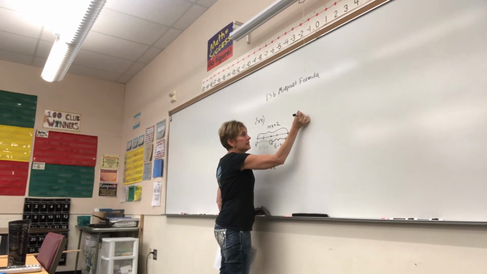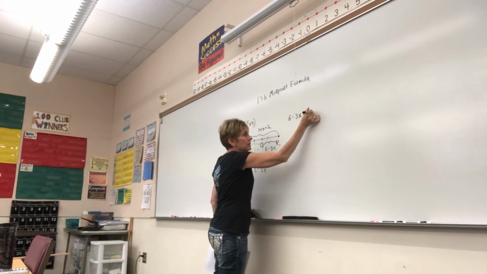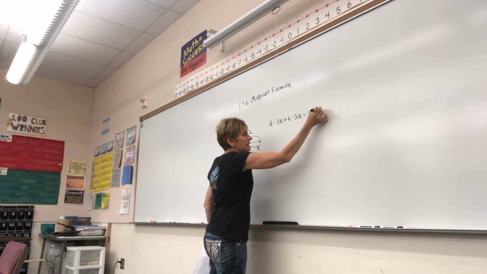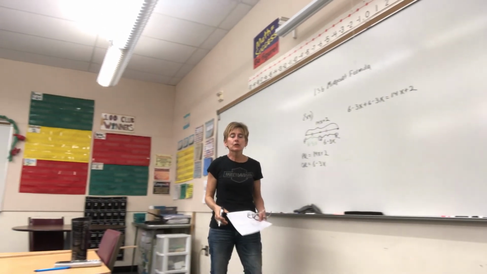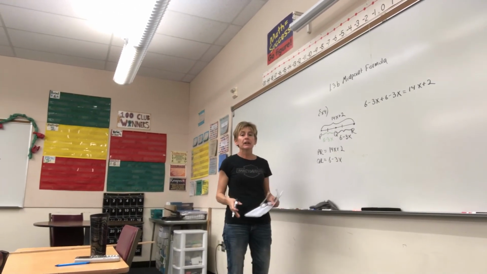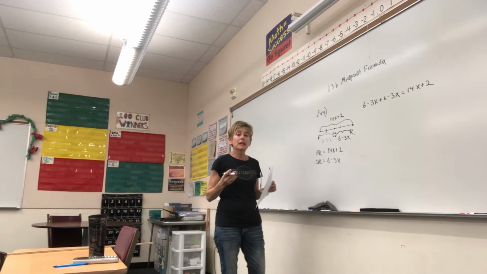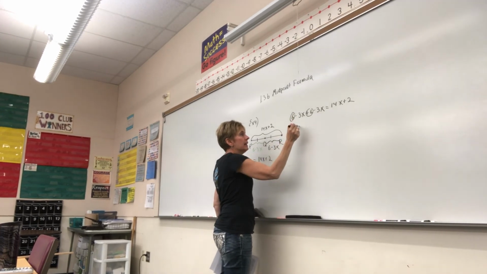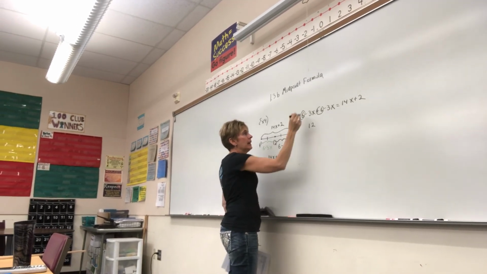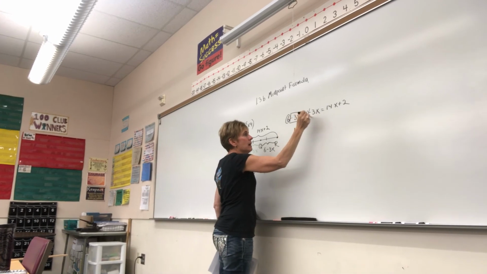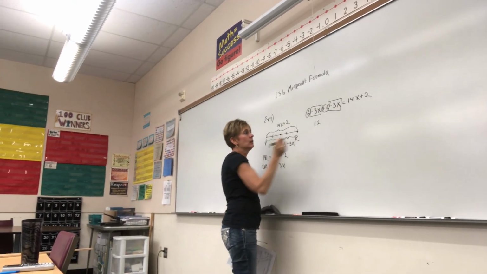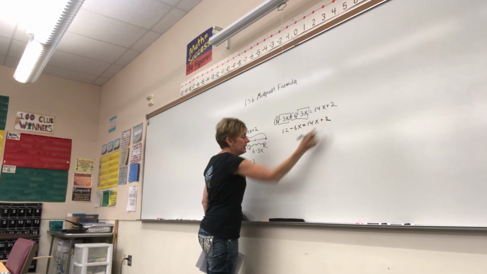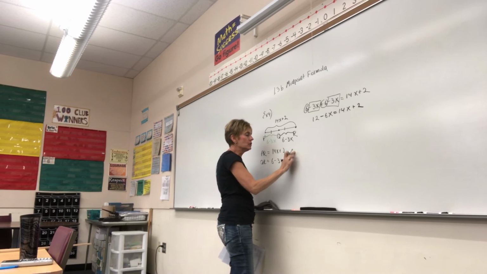So 6 minus 3x plus 6 minus 3x equals 14x plus 2. This is a great opportunity to practice solving equation skills from algebra. Let's combine like terms. So I'm going to take 6 plus 6 and get 12. And then I have negative 3x minus 3x, which is negative 6x. And then I'm just going to bring down the right-hand side just the way it is.